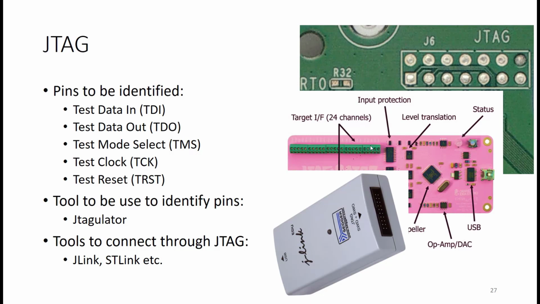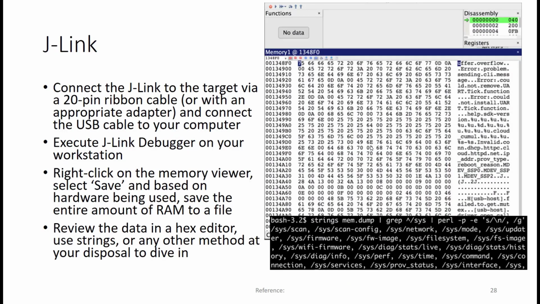These programmers commonly come with a 20 pin header and you can connect all the required pins from the programmer to the board of your device. So here is an example when you have connected your board's JTAG to the J-Link programmer. This is how you see the data out of it.